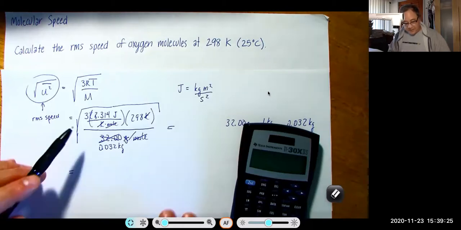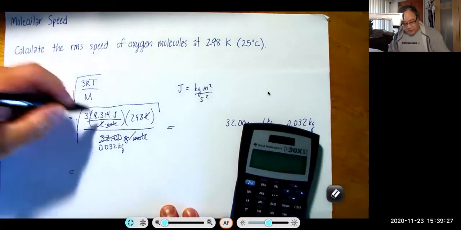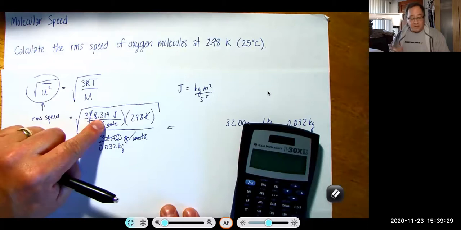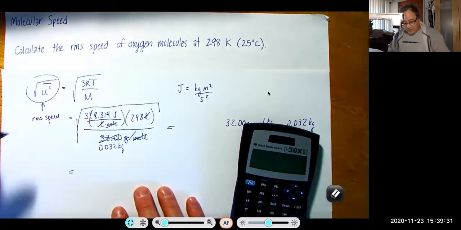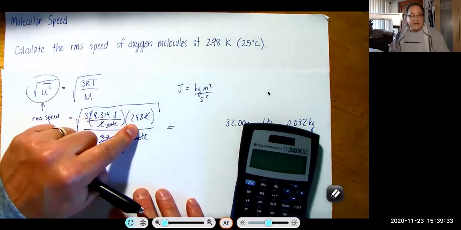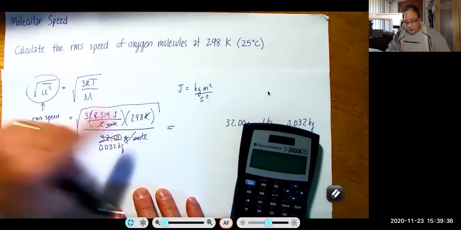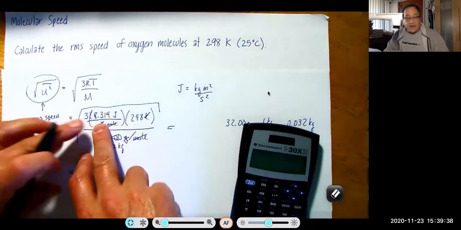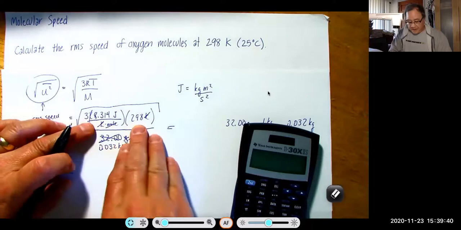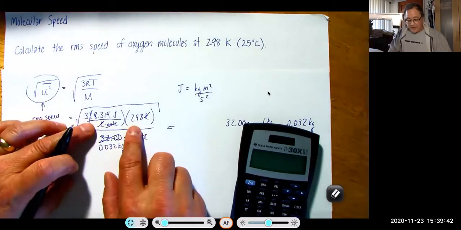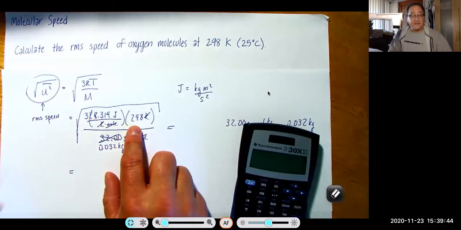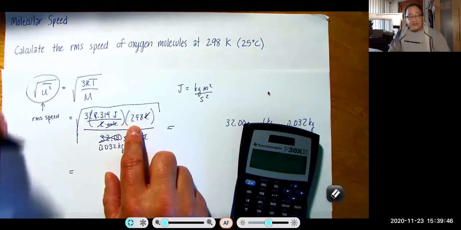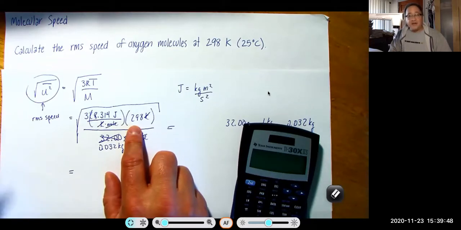So the way I'm going to think about this is 3 times 8 is around 24, but because of that 0.3, I'll make it 25. So I have 25 times 298, which is about 25 times 300. Now, how do I do 25 times 300? Well, I can do 25 times 3 is 75, and then add the 2 zeros. So that's 7,500.